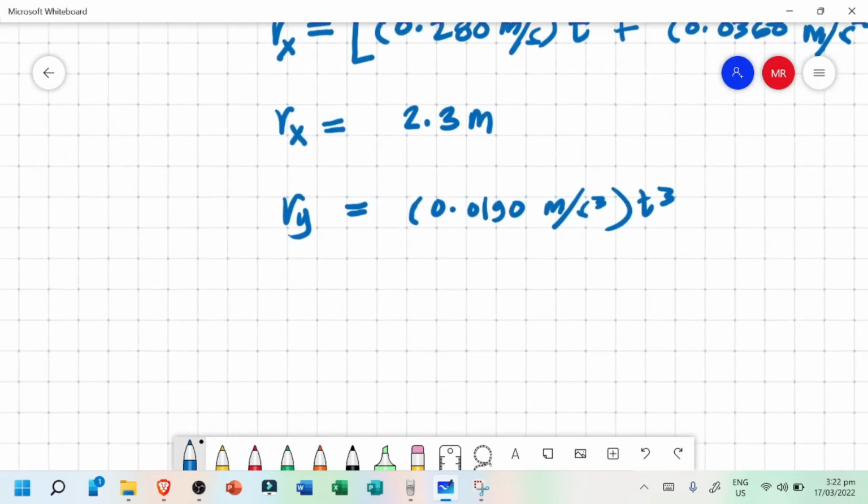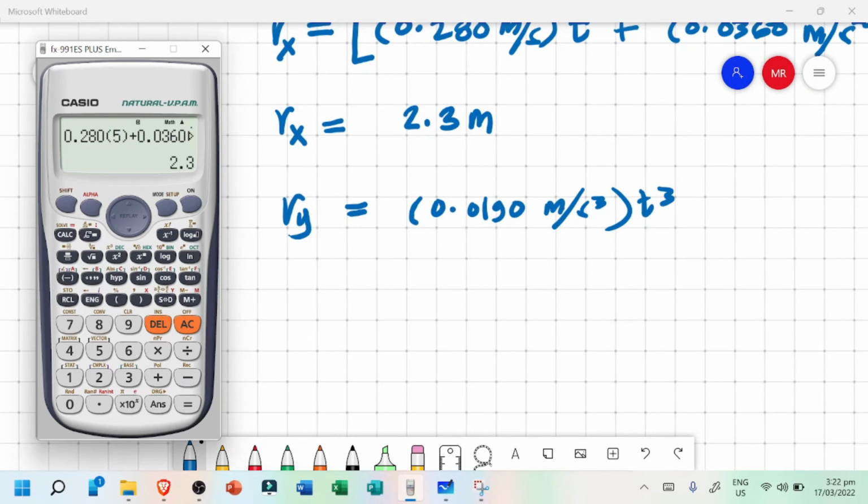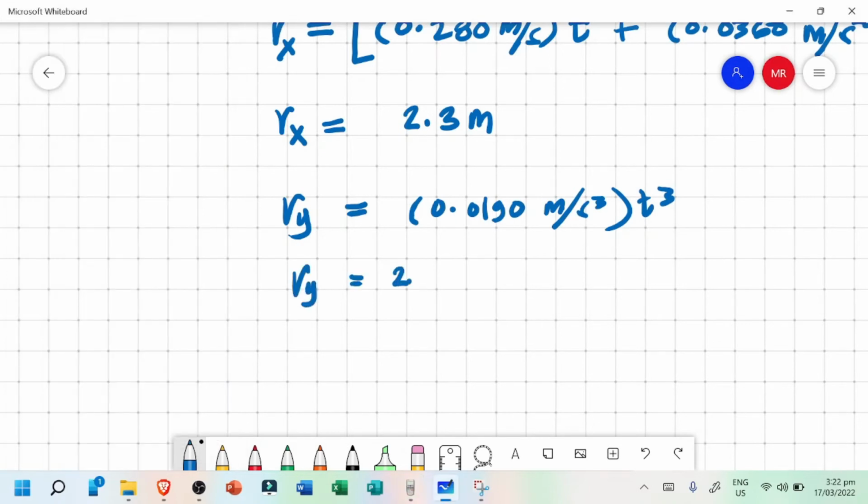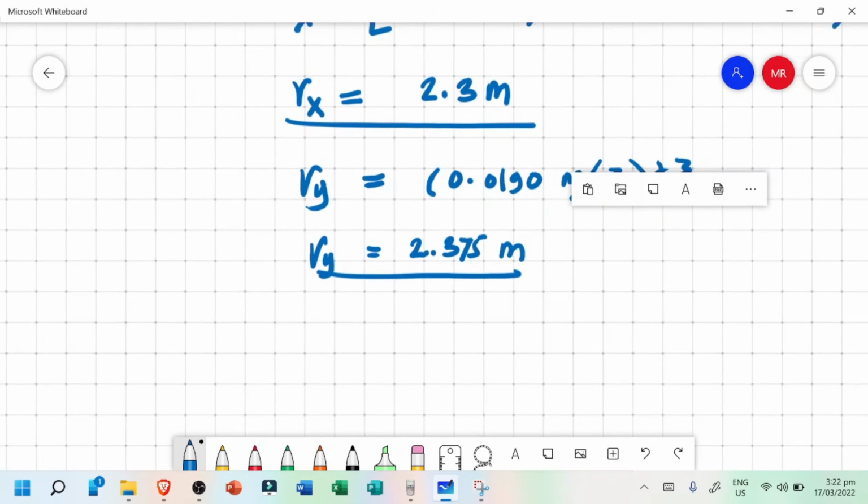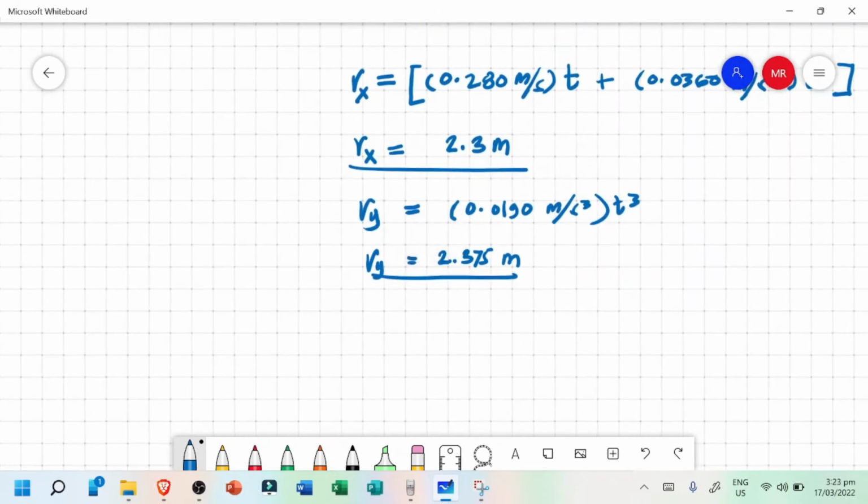So by substituting 5 seconds to this equation, 0.0190 times 5 cubed, the answer is 2.375 meters.